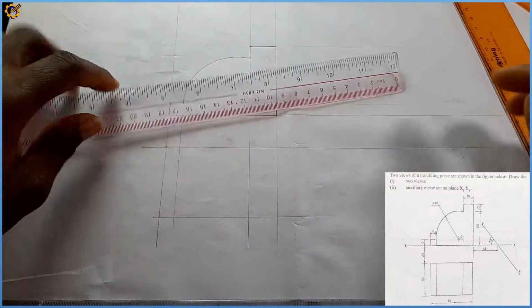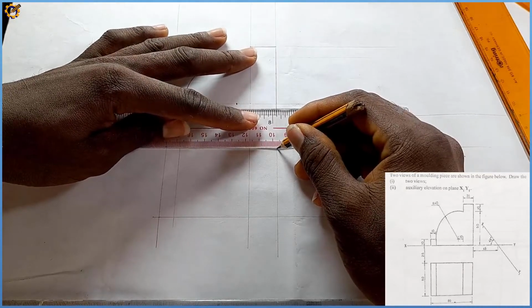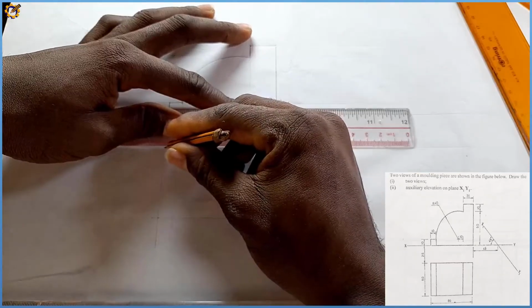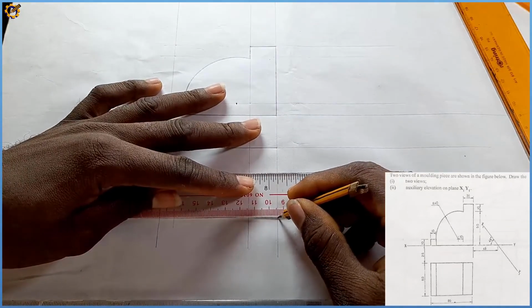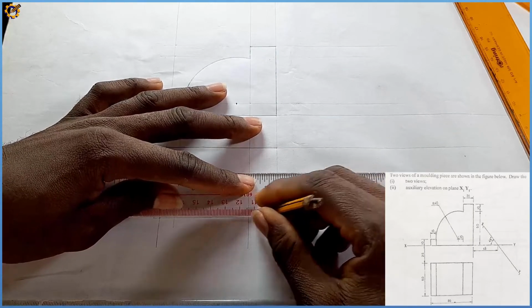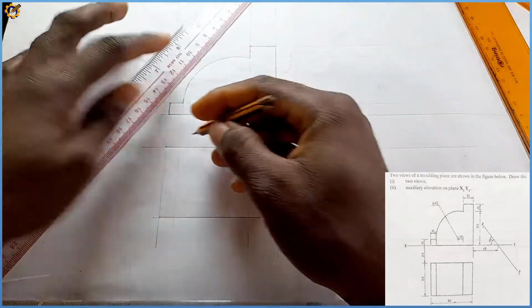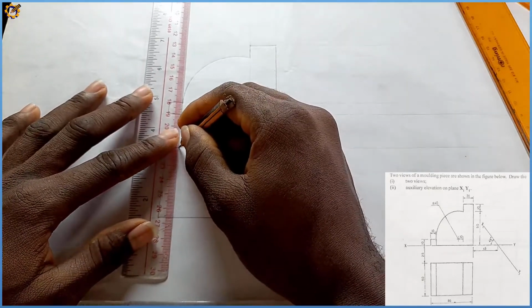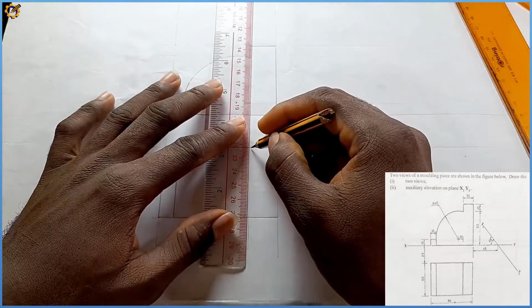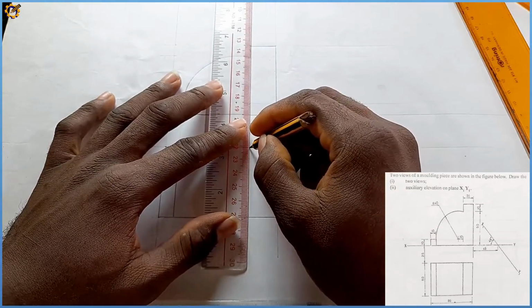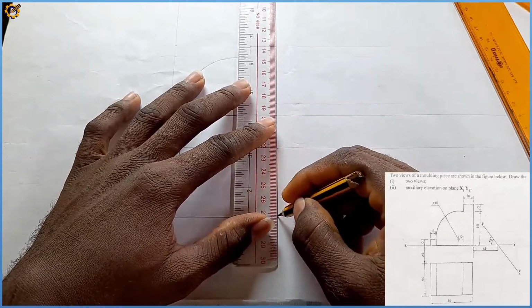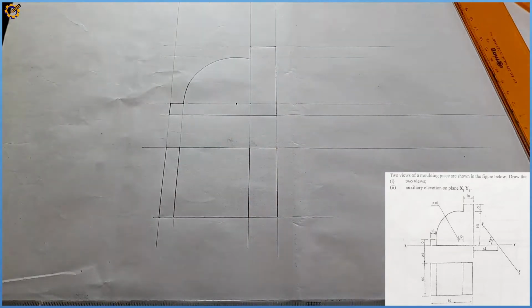Okay, so I'm going to take this out like this, taking this out also like this. And I'm going to take in this. Alright, so as it is now, we have our complete plan.